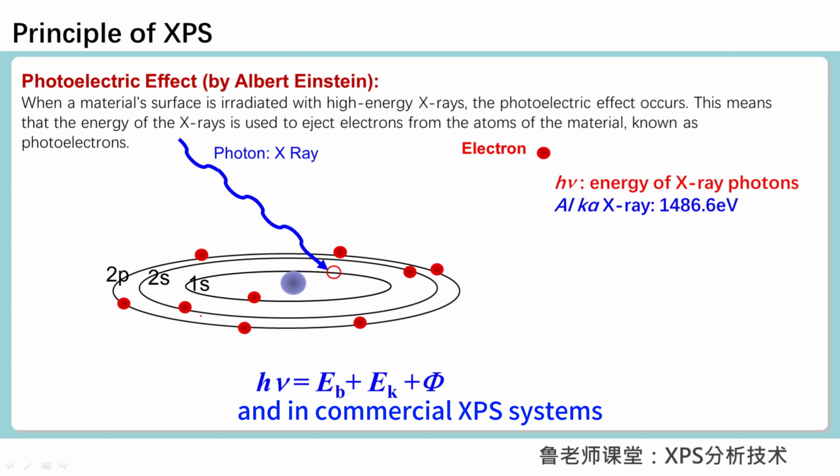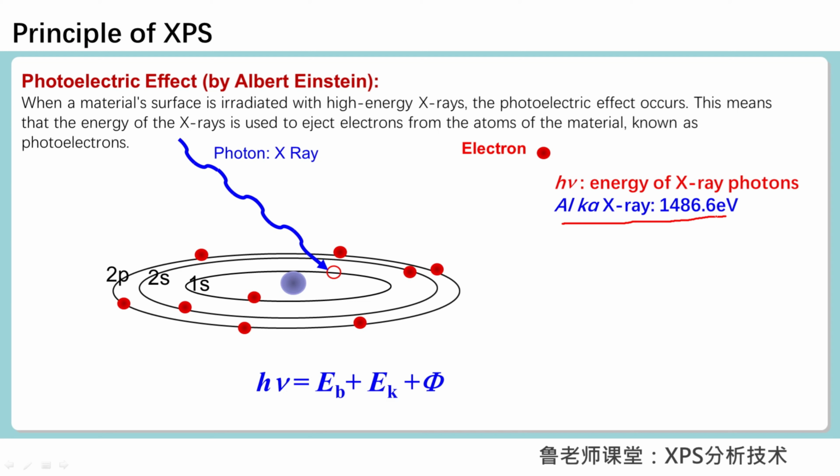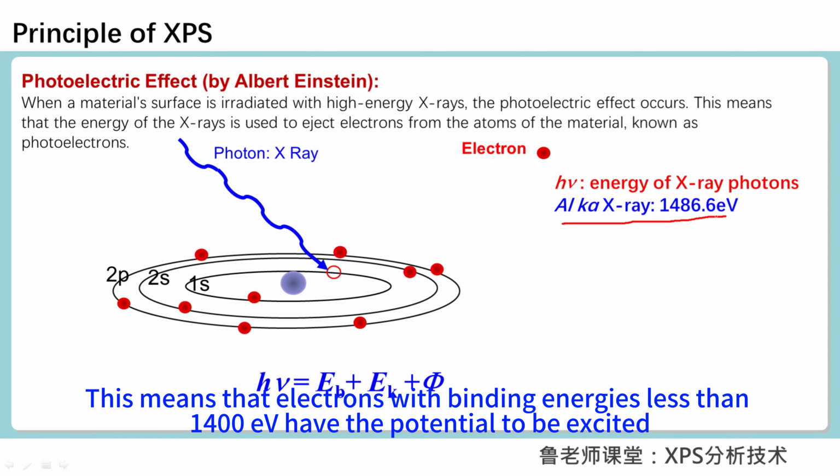In commercial XPS systems, aluminum K-alpha X-ray with an energy of 1486.6 electron volts is commonly used. This means that electrons with binding energy less than 1486.6 eV have the potential to be excited.